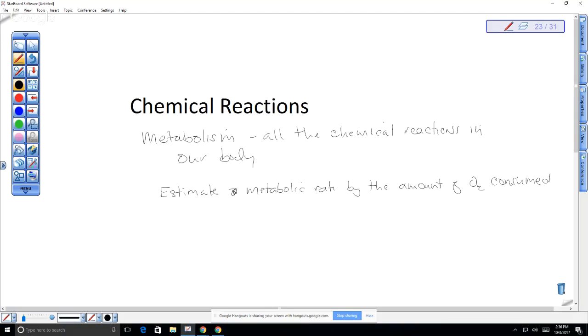So when we talk about chemical reactions, we can talk about the reactants, right? So these are called the reactants. And this would be the product.